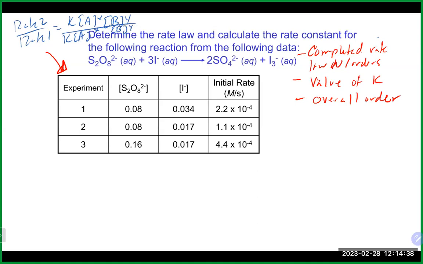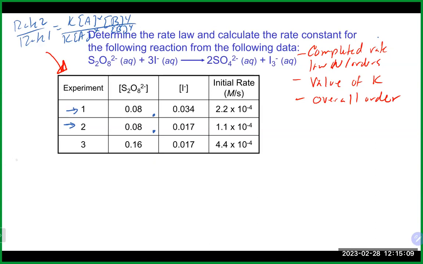Just looking at it, entry 1 and entry 2 will keep our S2O8 constant, and vary the other one. That is what I'm going to choose. I'm going to put everything from experiment 1 up on top, since it has the larger rate. That will usually give you more whole numbers than decimal numbers. You could do it either way, it doesn't matter, but it's just a little easier to visualize sometimes.